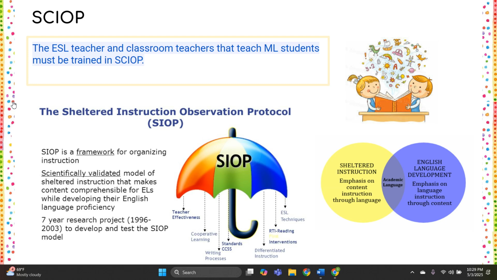Teachers receive this training as professional development on the SIOP model before using it, and this way it helps them to modify their lessons. This review of SIOP focuses on research that examines its impact on the learning of English language learners in grades K through 8.